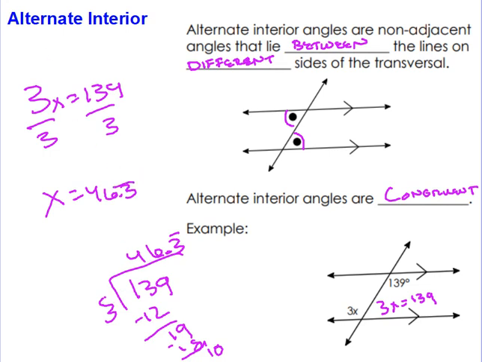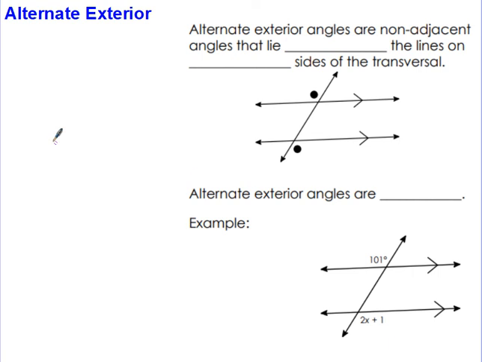Let's go to the last one. I believe this is the last one. Yep, alternate exterior angles. Again, they're alternate because they're on different sides of the transversal, but they're on the outside of the parallel lines.